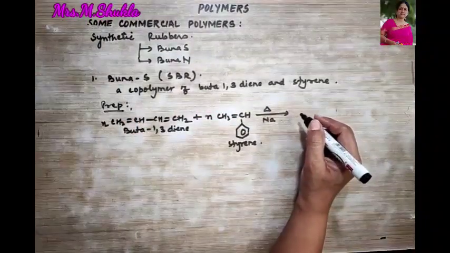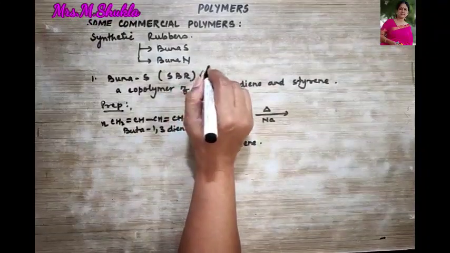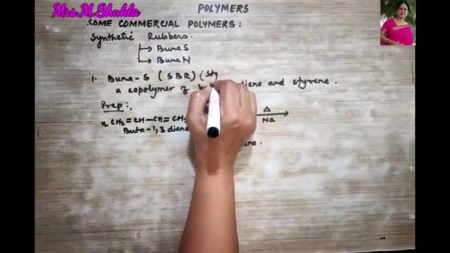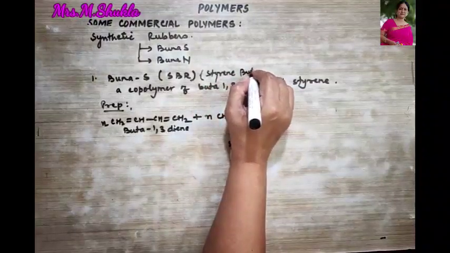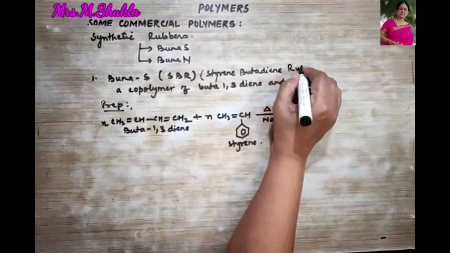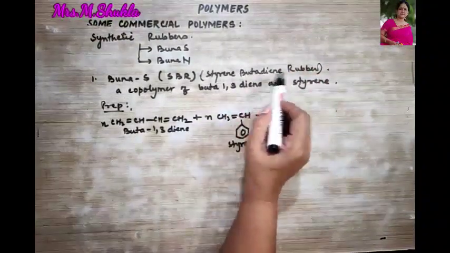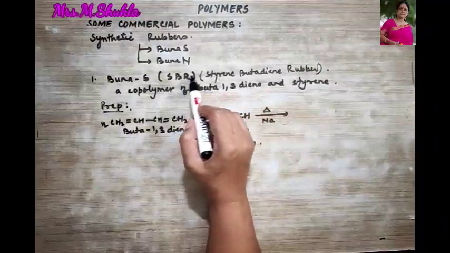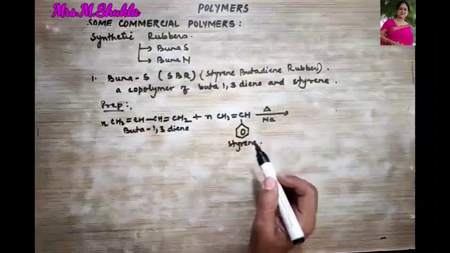Buna S is also called styrene butadiene rubber. The short form of styrene butadiene rubber is SBR, and over here this S stands for styrene.